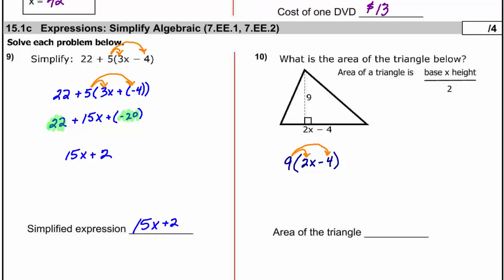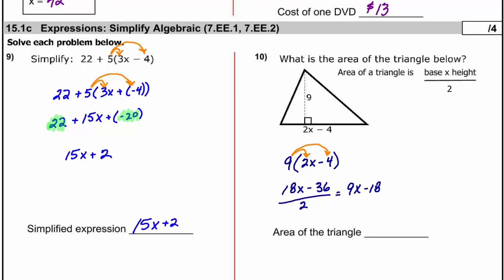It's going to have the same answer. Here I have 9 times 2x is 18x, minus 9 times 4 is 36. Divide all that by 2. Well, 18x divided by 2 is 9x, minus 36 divided by 2 is 18. I get 9x minus 18.